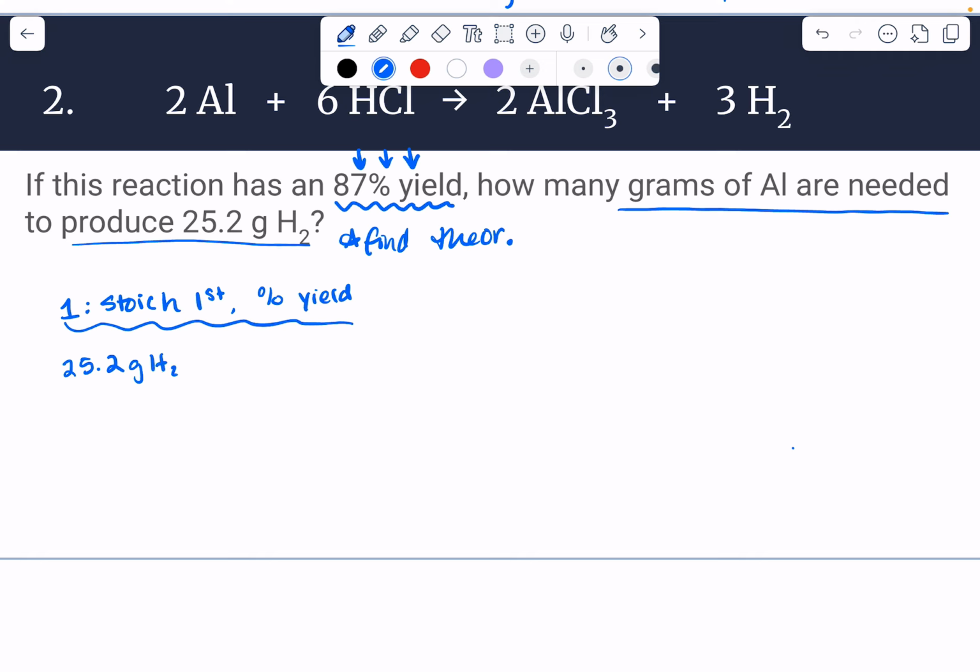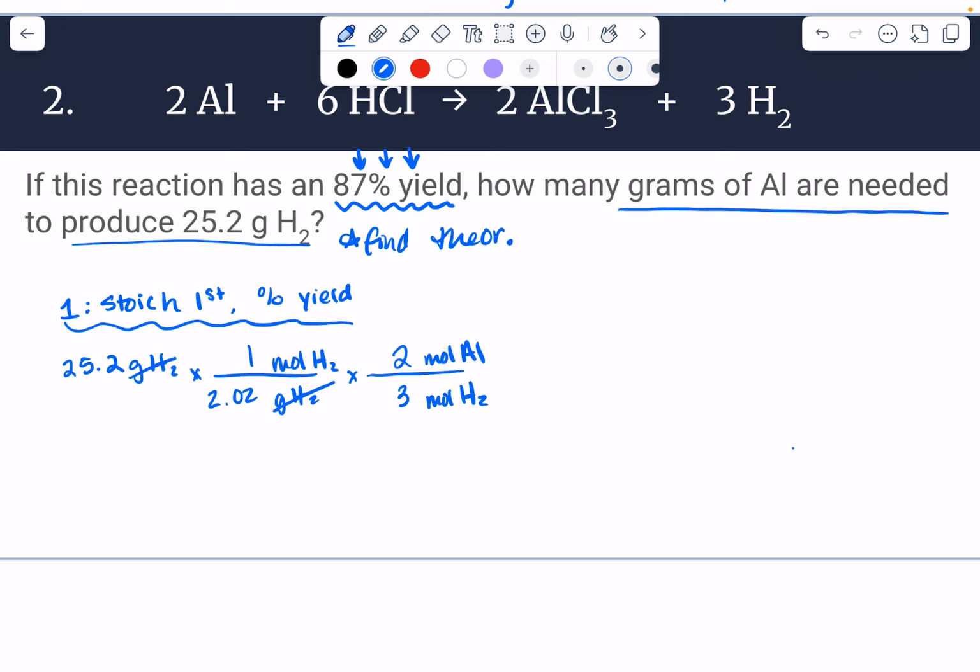And you want to convert this into the amount of aluminum that would be needed to create this much. So you're going to be going from grams of hydrogen to moles of hydrogen. You add up those two hydrogens, it's 2.02 to 1. You're then going to use your mole ratio to go from moles of hydrogen to moles of aluminum.